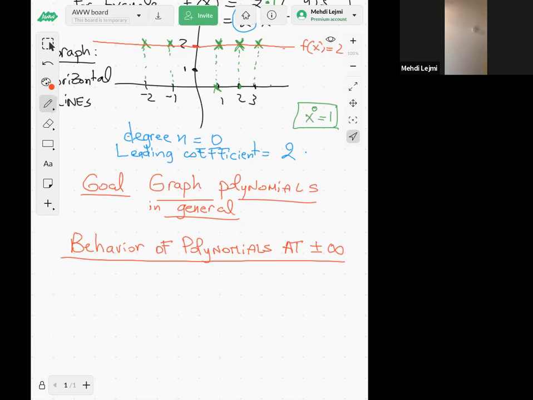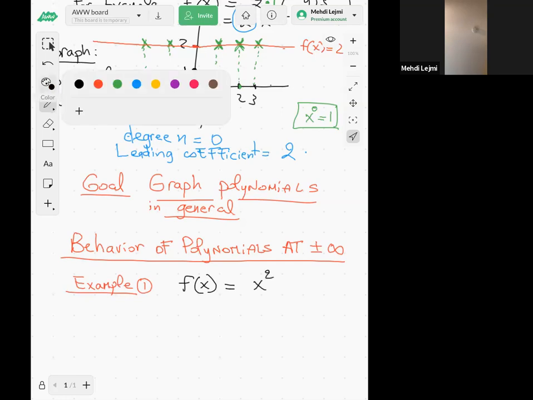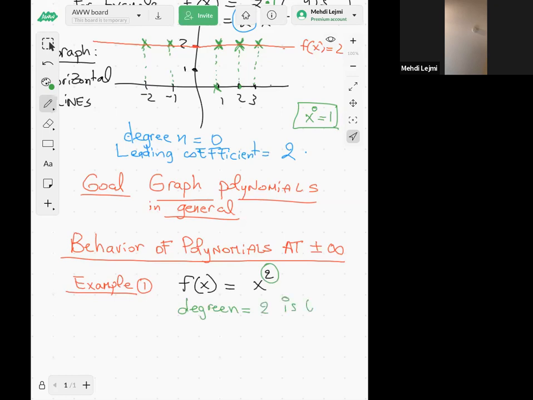All right. So first, I'm going to take some examples and show you what happens at infinity. My first example, let's just take a parabola. So example 1, I'm going to take just x squared. So f of x is x squared. This is a polynomial. The degree n is 2, which is of course an even number.